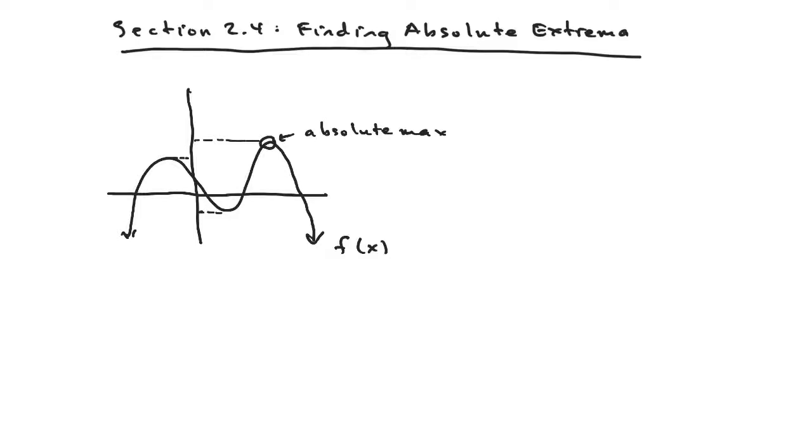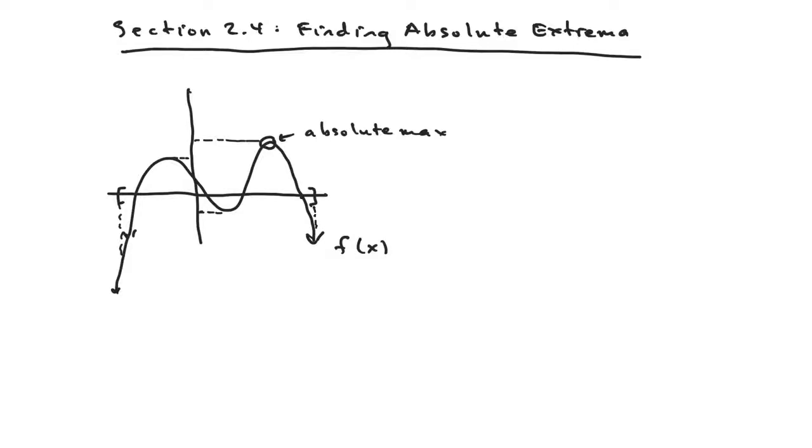But let's say that instead what we do is we close the interval. So I'm just going to look for absolute maxes and mins on this interval. Maybe I'll make this extend down a little further. Then what we would find is that on this interval, we can talk about the absolute min.